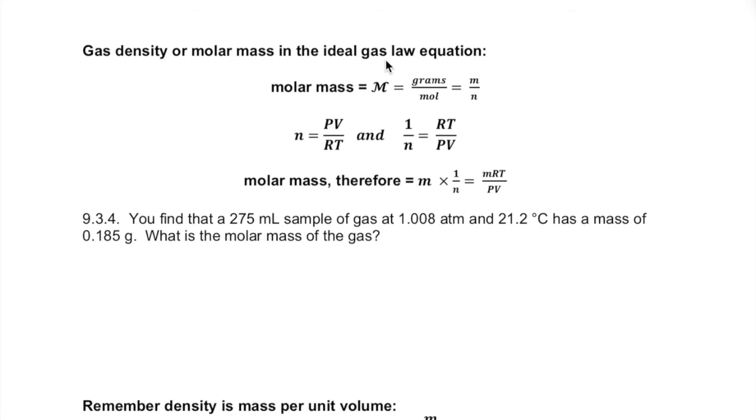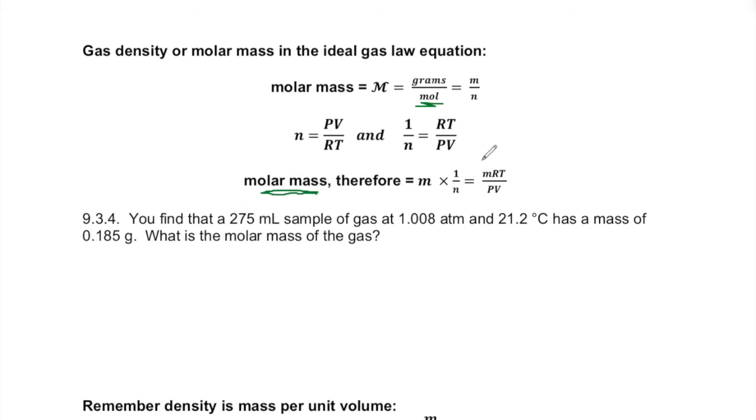So for the next couple of problems, your textbook provides a few formulas where you can solve for the molar mass of a gas. If you wanted to, you could just use the ideal gas law to solve for moles and then put that in as grams per mole and do it in 2 steps, but they've just provided you here what would happen if you wanted to get to the molar mass directly.